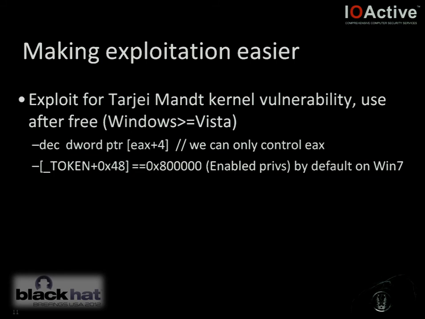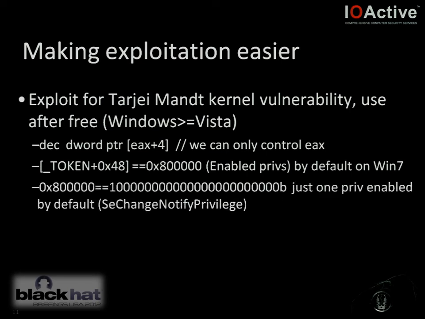So by default, when you run a process on Windows, at offset 84 in hex on the token structure, you have the value 80000 in hex, which is the enabled privileges field on the token privileges structure.